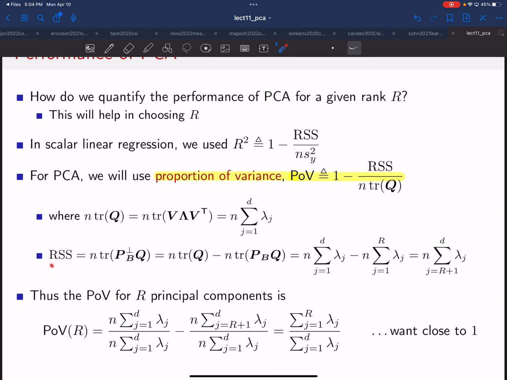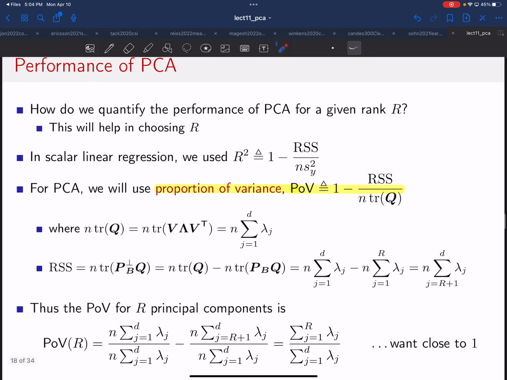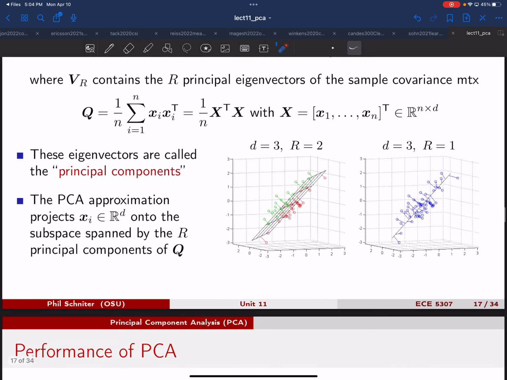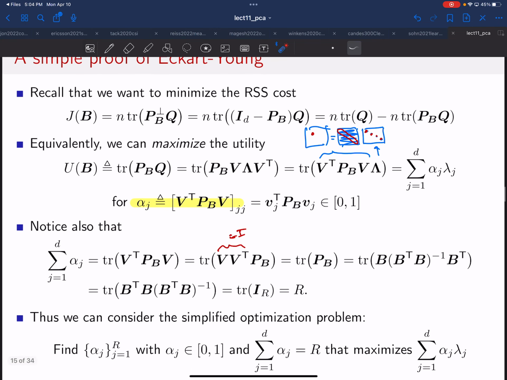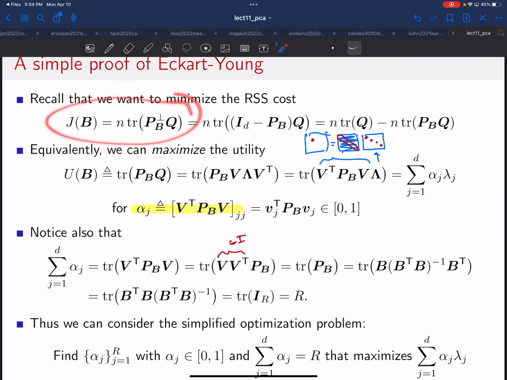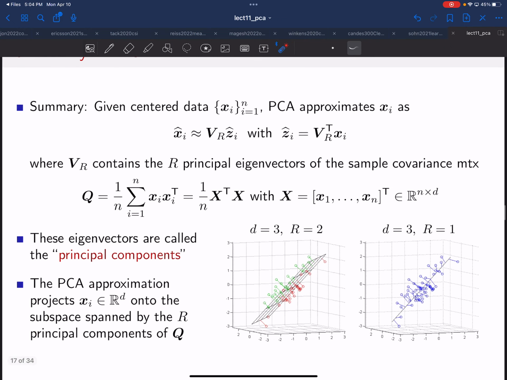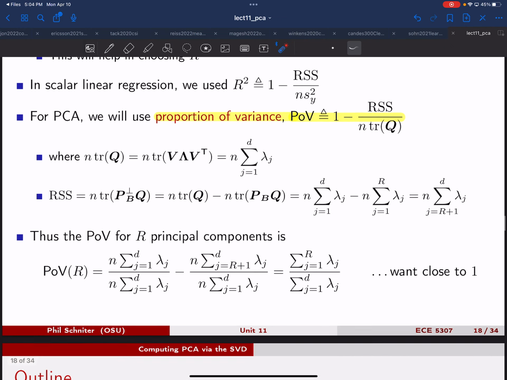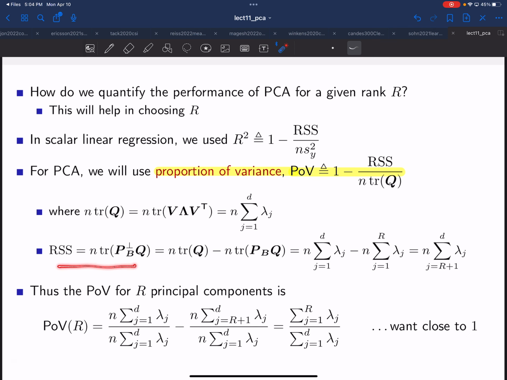On the other hand, the RSS, if you remember, this was the cost that we were working on. So this is our RSS here.